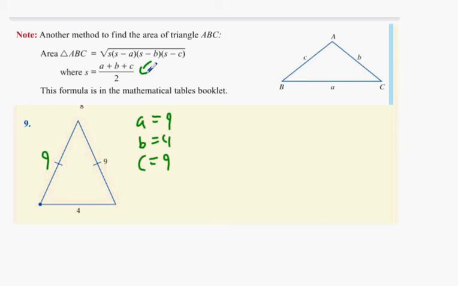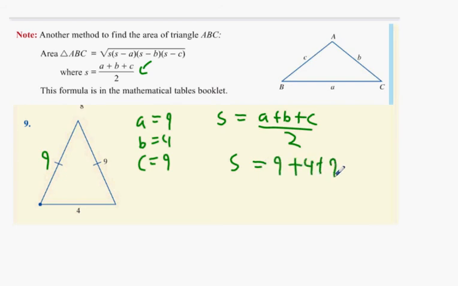But when we use S, it can find us the area. So S is equal to A plus B plus C all over 2. Everybody see that? So what we're going to get is 9 plus 4 plus 9 all over 2, which is going to equal 11. The S value is 11.